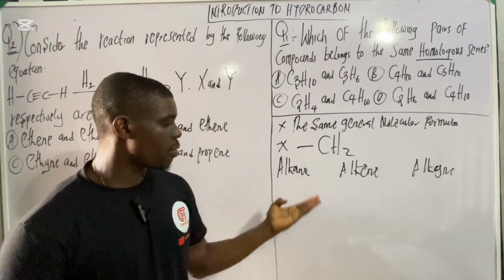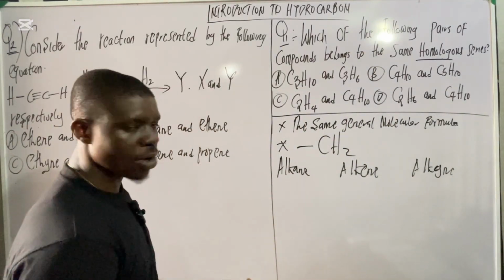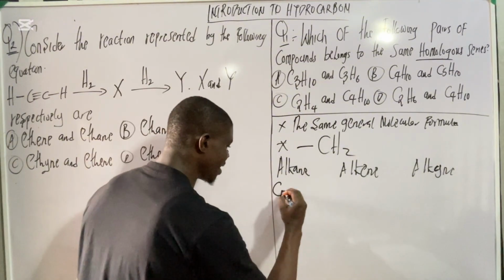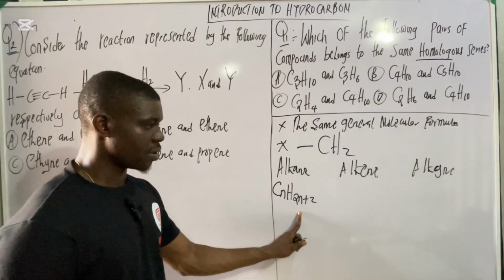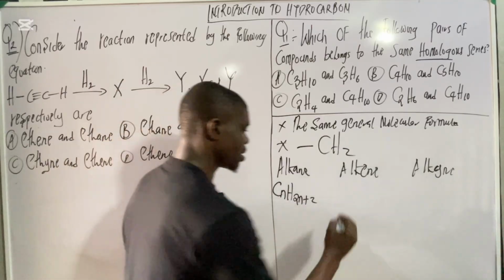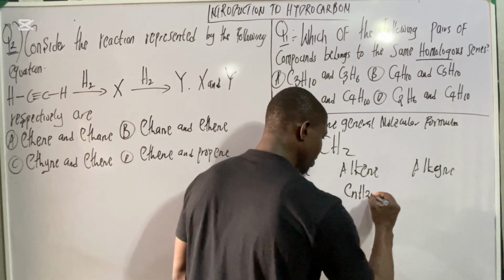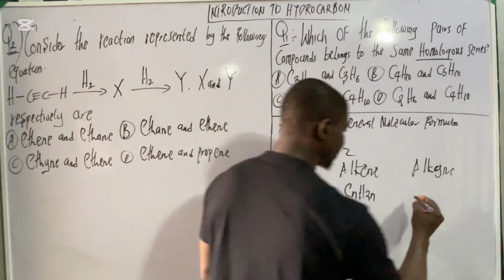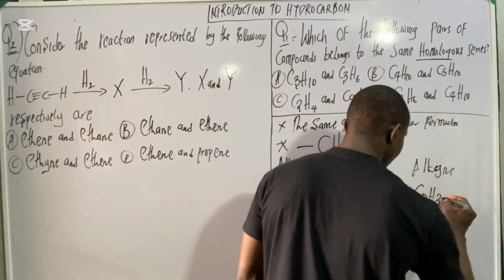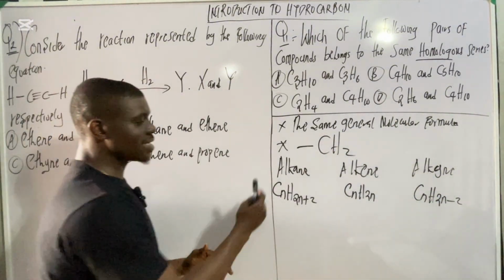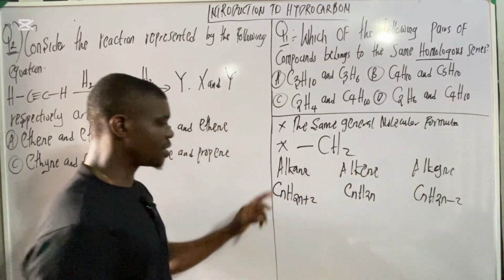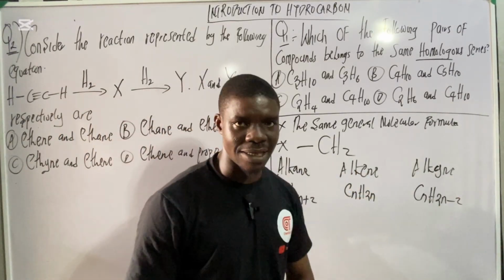You must know the general molecular formula of each. The general molecular formula of the alkane is CnH2n+2. For the alkene it is CnH2n, and for the alkyne it is CnH2n-2. These are the three classes of hydrocarbon: the alkane, the alkene, and the alkyne.